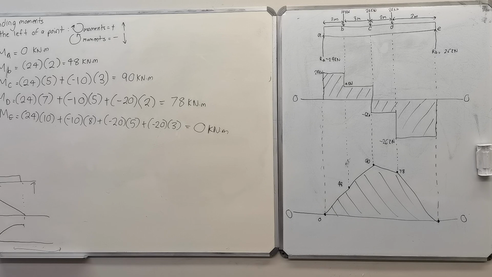At points where the shearing force diagram passes through 0, the bending moment has a maximum positive or negative value. Put an asterisk or something over there, right? You need to remember that. The point 0 is also called your point of inflection.